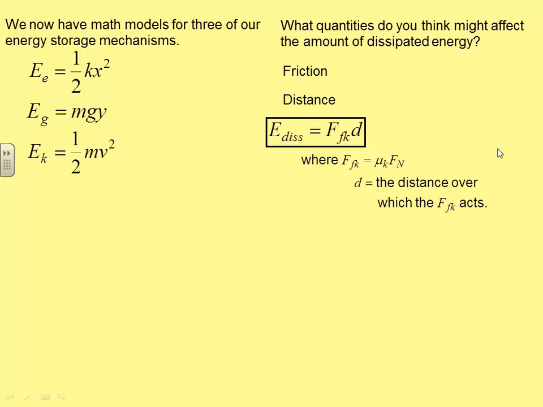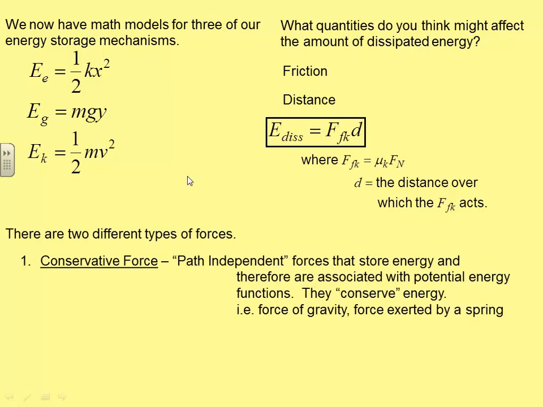But moreover, energy that is dissipated because of friction is kind of different than the other storage mechanisms. And that's because there really are 2 kinds of forces. The kinds of forces we're talking about with EE and EG, those are what are known as conservative forces. Conservative forces are said to be path independent.